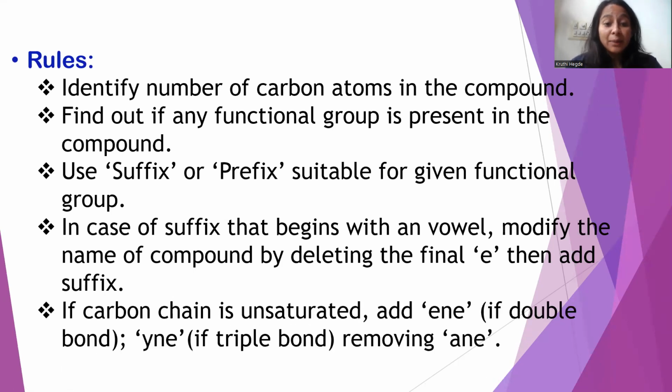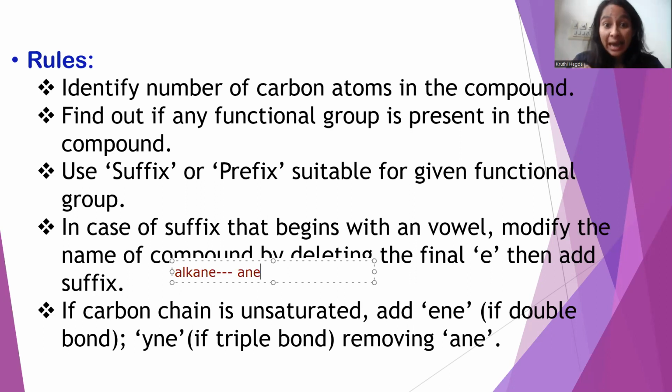If the carbon chain is saturated, then definitely we'll give the name as alkane. Saturated means alkane. Then what do we end with? This I have already discussed in the previous video.